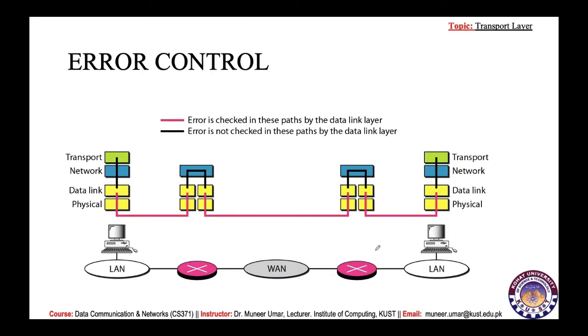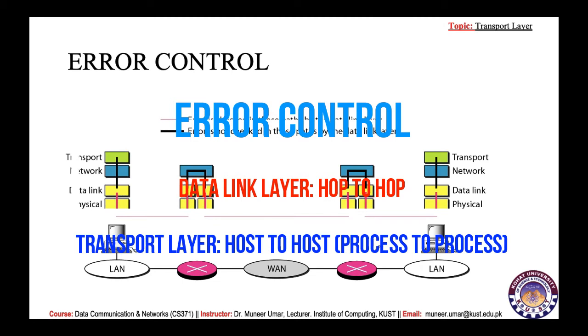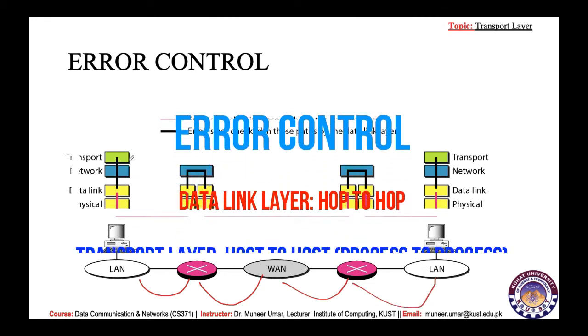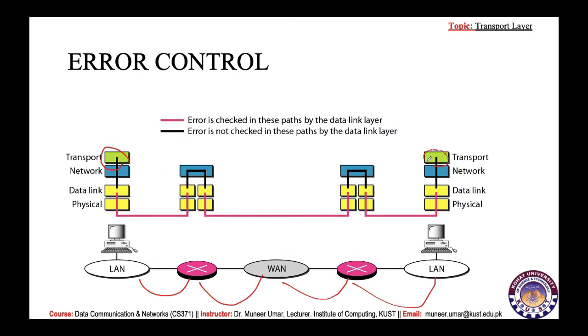Then we have error control. We have already studied this topic in the data link layer. The data link layer is responsible for error detection or error control from hop to hop, from one node to another. The transport layer is responsible for the error control over the entire connection, or from one process to another process.